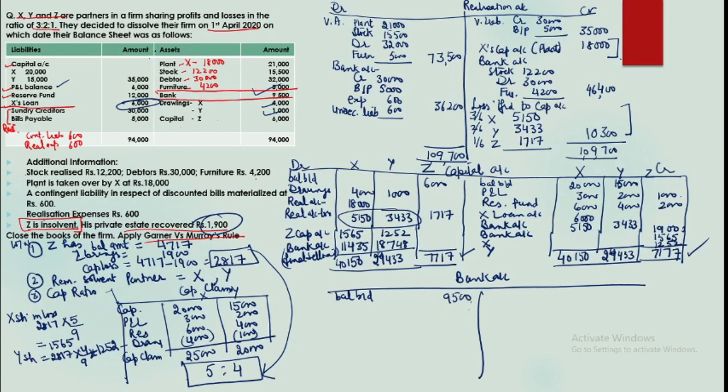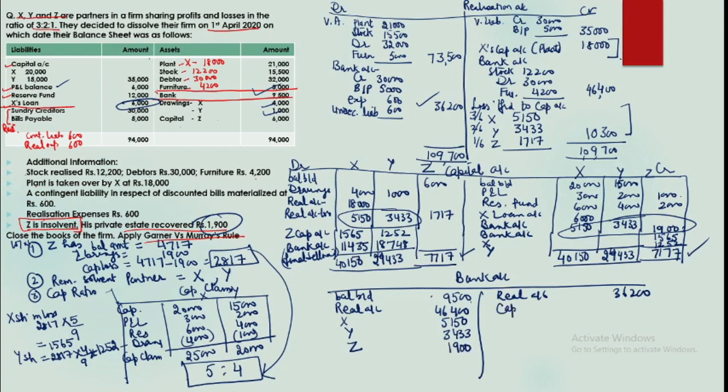In the balance sheet we have taken the balance. From realization we'll calculate the total recoveries, that is 46,400, and we will show the total payment also, that is 36,200. Now from the capital accounts, these are the amounts that you are getting. So X, Y and Z. X is bringing 5150, Y is bringing 3433, that is their share in the loss, and Z is bringing 1900.